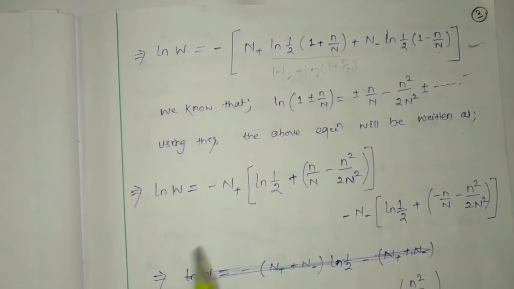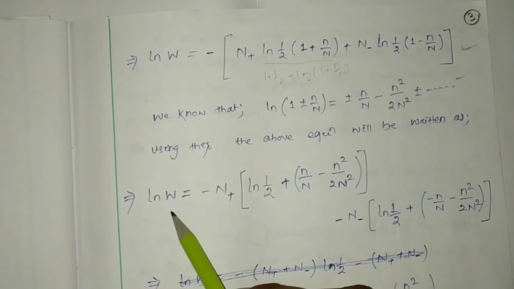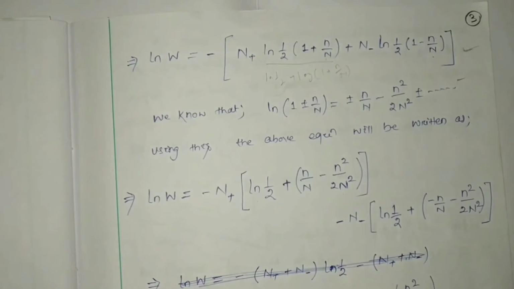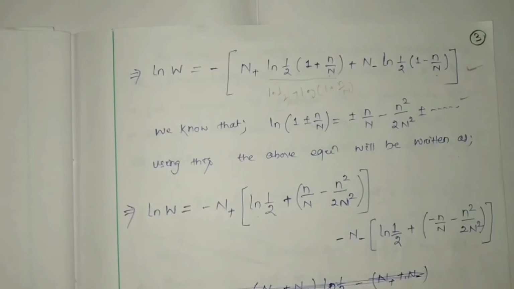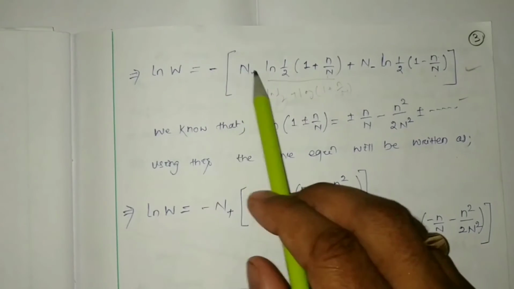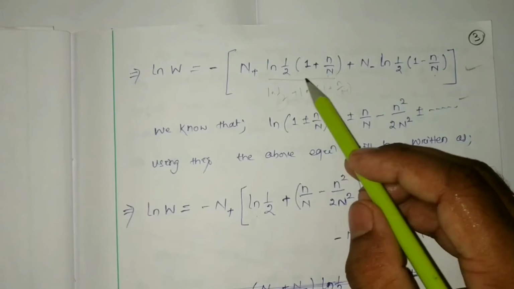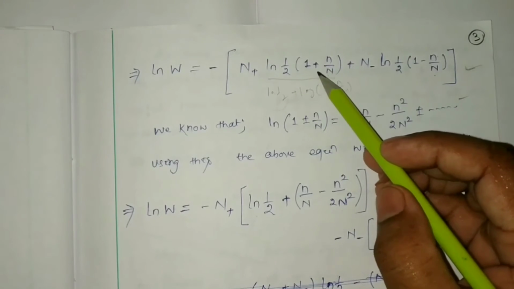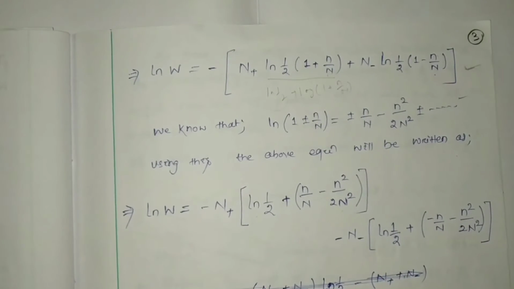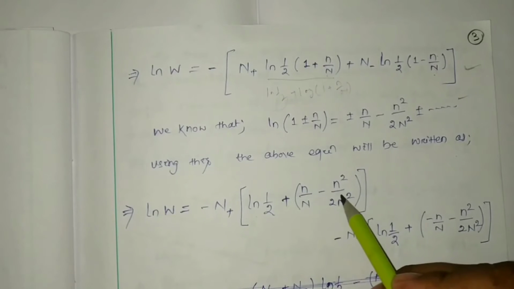Carefully you have to watch. ln W will be equal to minus n plus ln half plus this much. How is it?